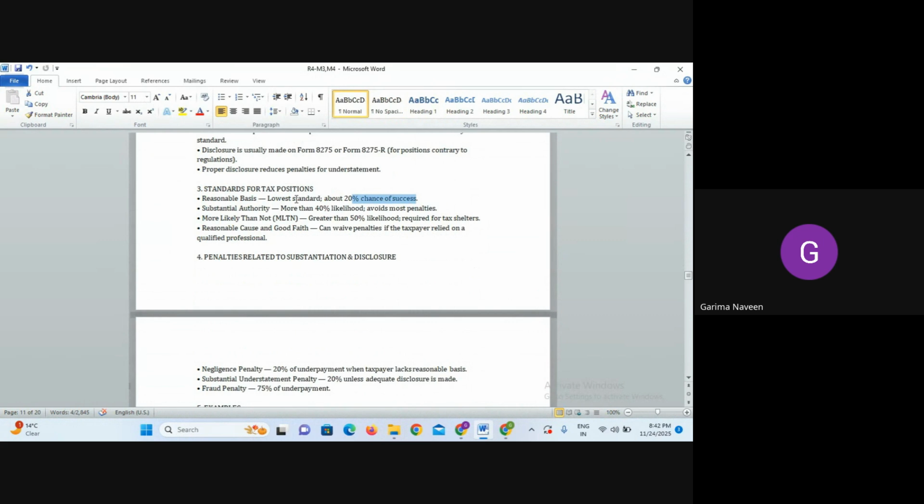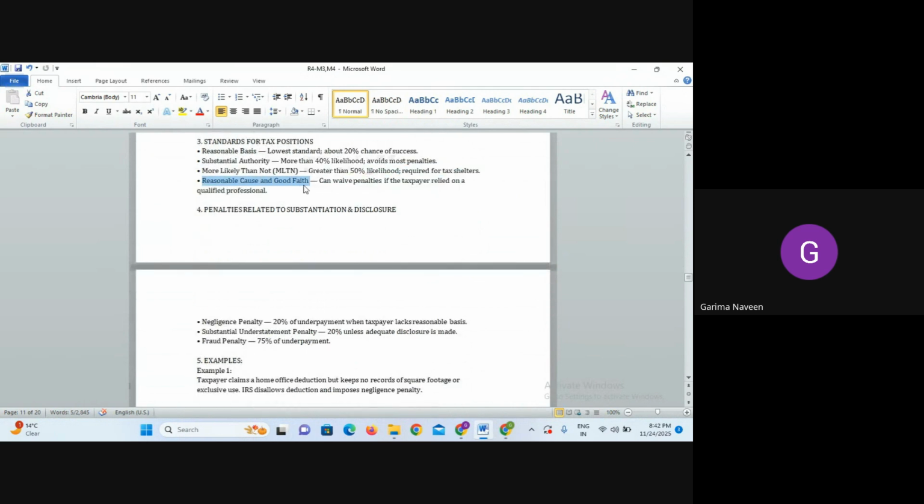If you are taking a tax position in your tax return and it has 20% chance that it will succeed, even if it is spotted by the IRS, then this is called the reasonable basis. If the likelihood is more than 40%, like 40 to 50%, then it is called substantial authority. More likely than not means there are more than 50% chances of success.